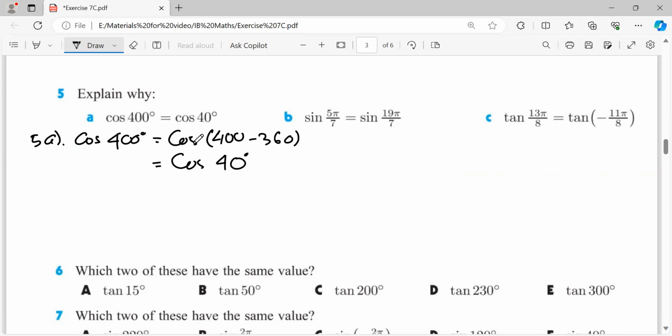If you check on your calculator, the values of cosine 400 and cosine 40 will be the same. Now, how about 5b?